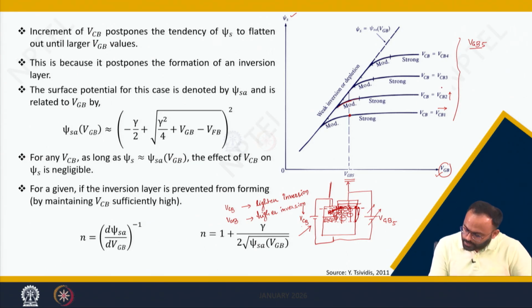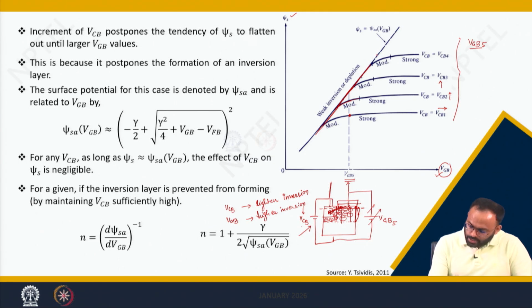Now, you further increase VCB to the VCB3 value. Now your moderate inversion enters weak inversion. If you go on increasing VCB, you will be left with depletion. The interesting part here is that beyond this particular value, the change in the surface potential is not visible, meaning the surface potential is not affected by VCB when you enter depletion or weak inversion.